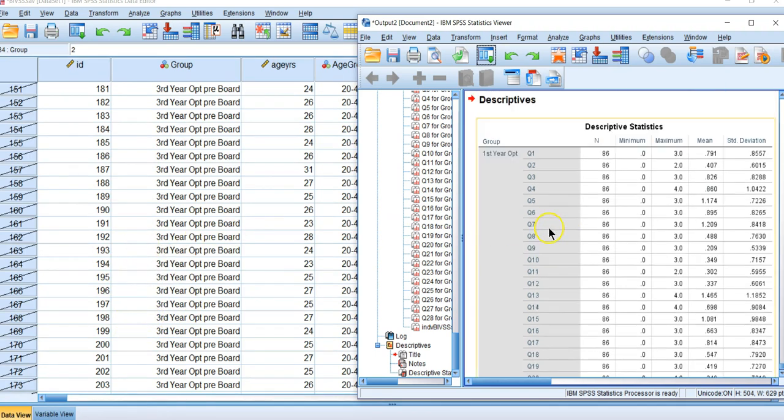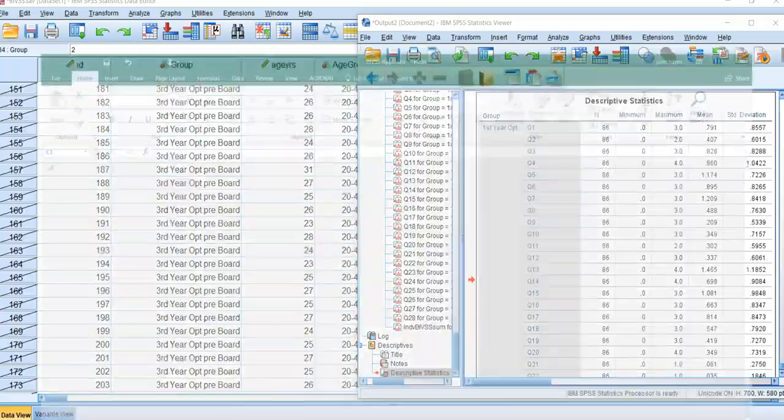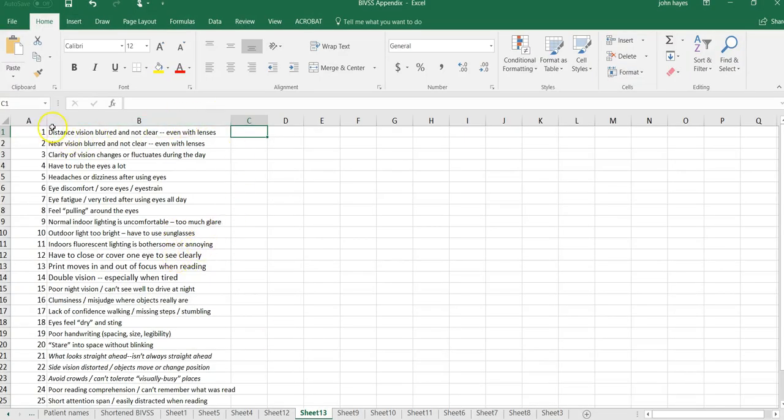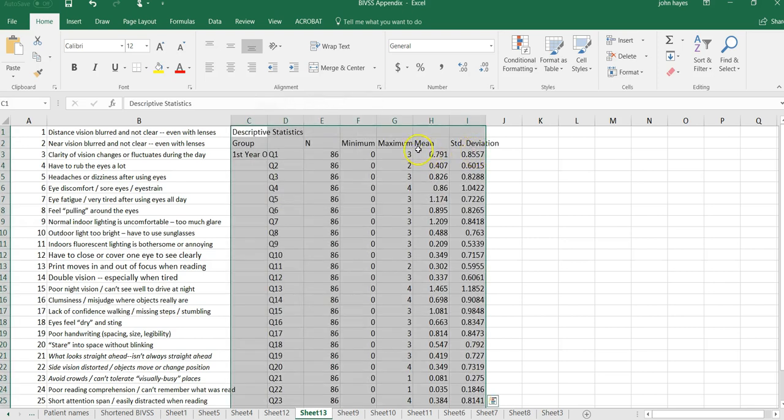The other thing this does, it's going to give us for each question for the first years the descriptive statistics. So let's save these, and we have them ordered. Here are the questions. We're going to put them right here because we're going to need these means and standard deviations later.